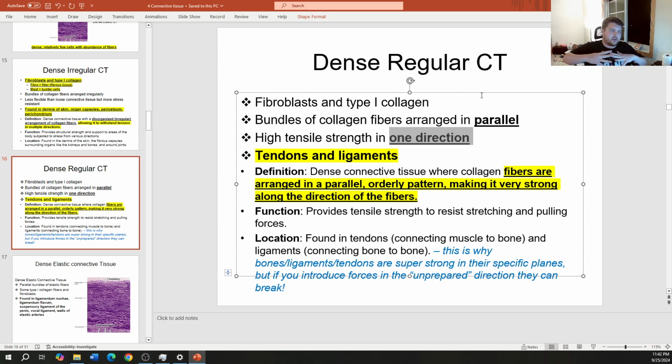So if you have those fibers interlocked, connected like this, and you pull away from each other, it holds really, really well. But if you start to try and bend this way, it doesn't do so great. So the regular connective tissue is good in one specific direction.